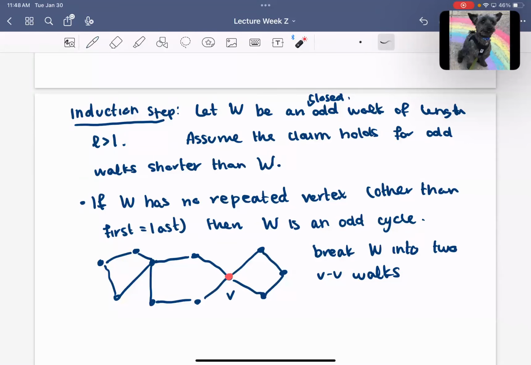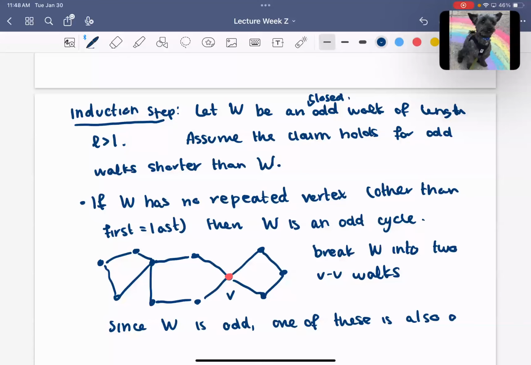Since W has odd length, one of the two has to also have odd length, right? I can't break it into 2 even pieces. So since W is odd, one of these is also odd. And it is also shorter than W, right?